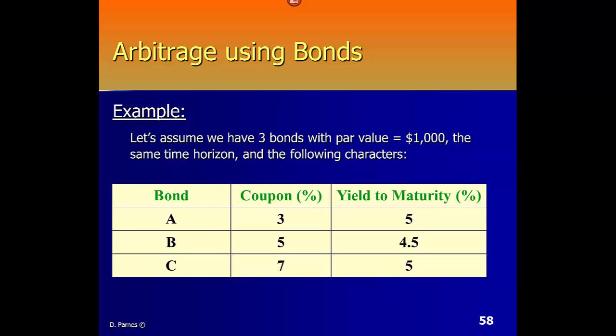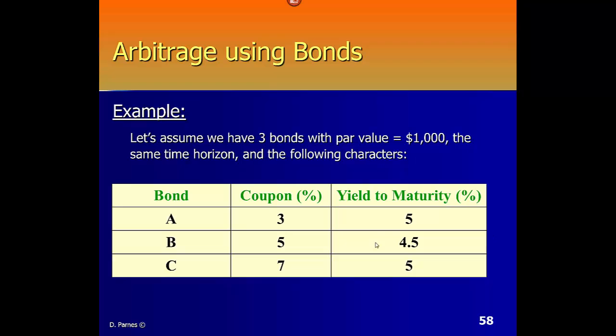In order to do arbitrage, you need to understand that both bonds A and C have the same yield to maturity of 5%. What it means is that if you create a portfolio of bonds A and C, any combination between them will also give you 5% yield to maturity.